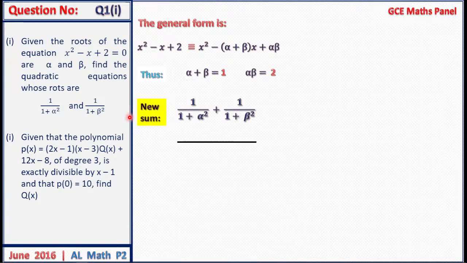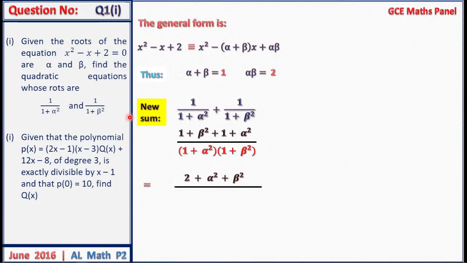We look for the LCM. Our LCM is 1 plus alpha squared into 1 plus beta squared. And when we divide by 1 plus alpha squared, we have 1 plus beta squared plus 1 plus alpha squared. When we simplify this, we will have 2 plus alpha squared plus beta squared, all on that denominator.